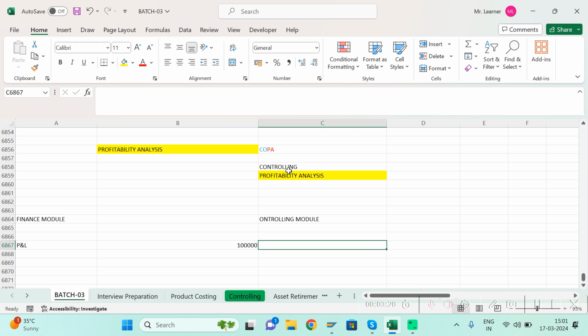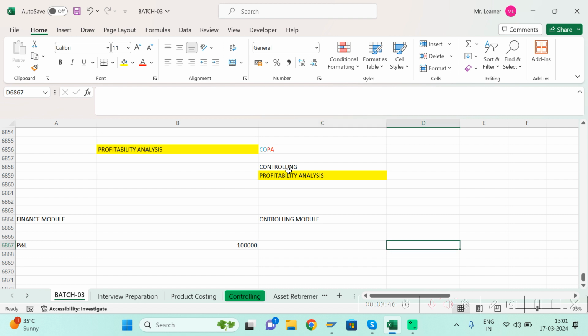But if you want to analyze this profit from different dimensions, or different characteristics, then you have to implement COPA. COPA will help you analyze the profit from different angles.